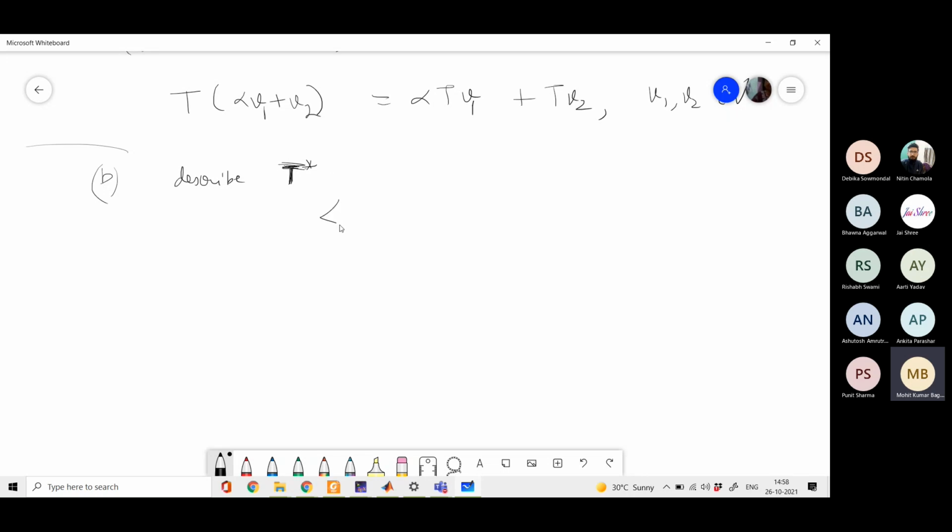You just apply the definition: the inner product of T of V1 with V2 equals the inner product of V1 with T star of V2, and you just use the uniqueness theorem. Okay, I'm giving you like 1 minute or 30 seconds. Can you do it?